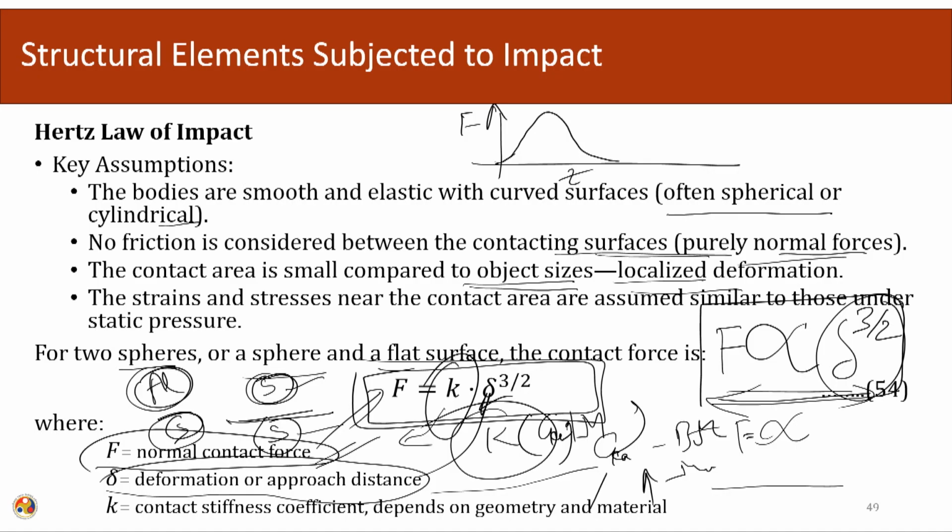For that we need to know the contact stiffness, which in turn depends upon the geometry of the system, let us say two spheres, aluminum and steel, acting on one another, and the material properties: the grade of the steel, the Young's modulus of the steel, and the Poisson's ratio of the steel, or any other two materials which are in contact.